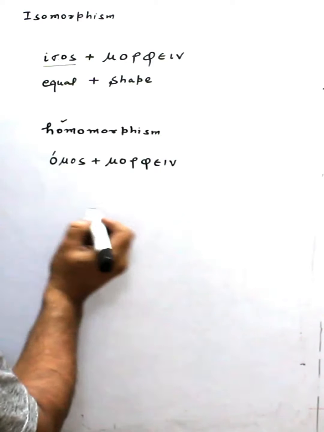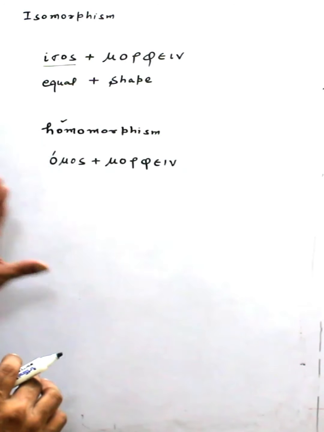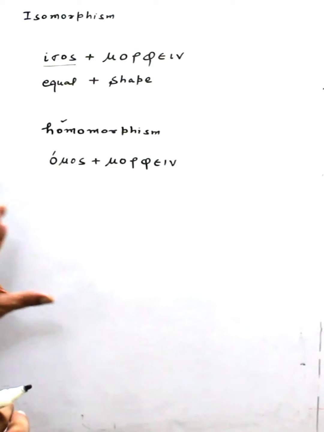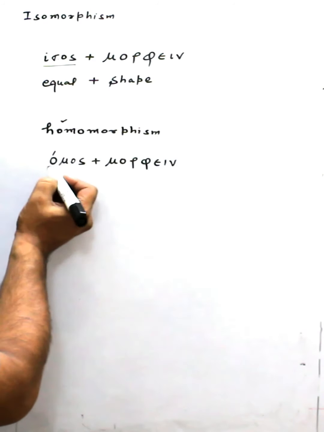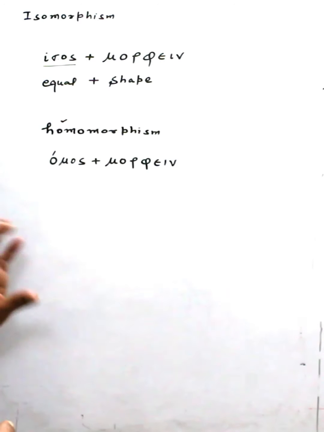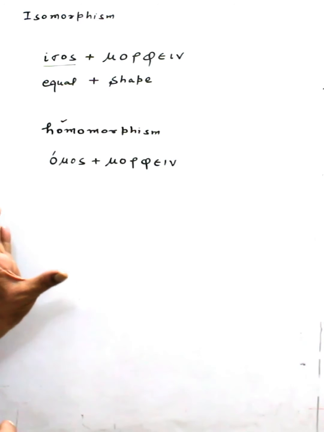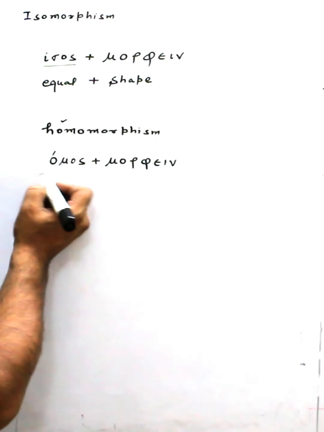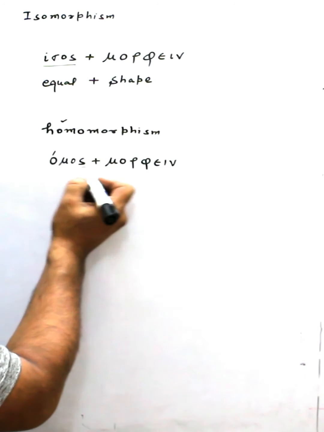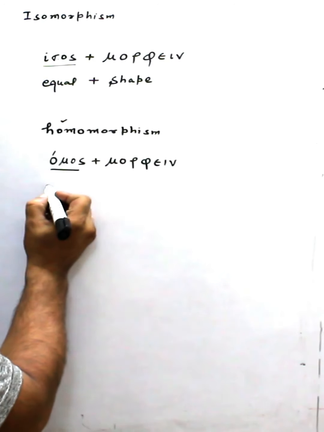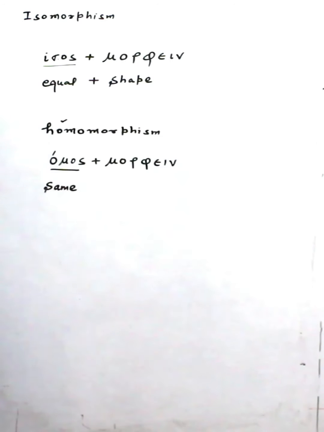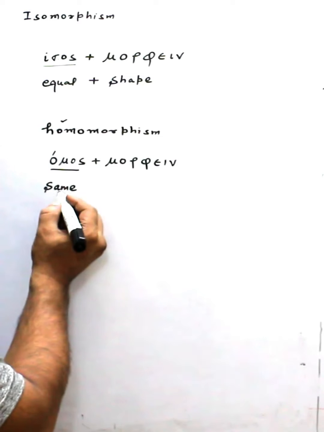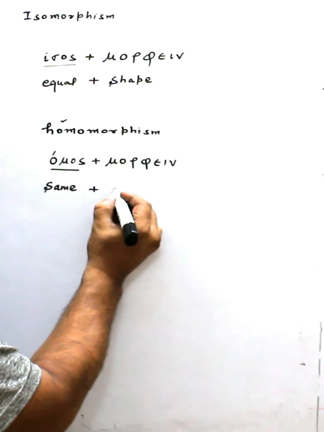So this is H, actually H direct. The letter H is not found in the Greek alphabet, but the sound is found. If we put this dash on some word, then it gives the sound ha. So homos morphe. This homos means same. Generally in other words, this word homo is used for same, and this is again shape.